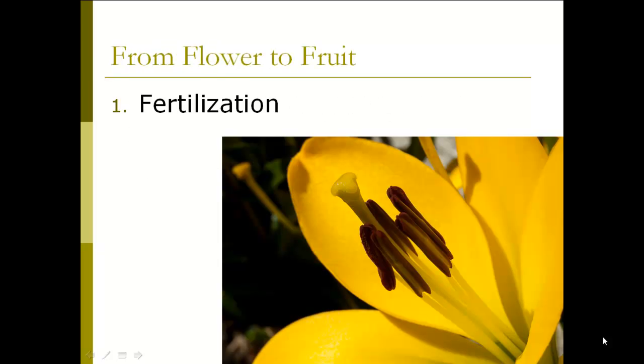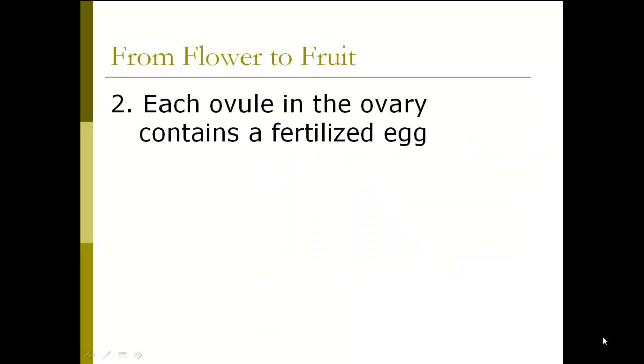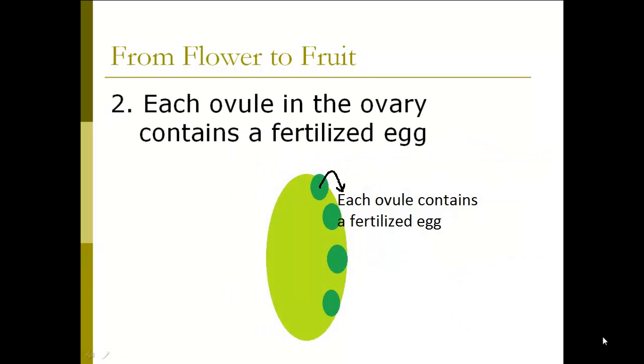So the first step for a flower to turn into a fruit is for pollination and fertilization to occur. And remember that happens when the sperm and ovule are fused together. Each ovule in the ovary contains a fertilized egg.